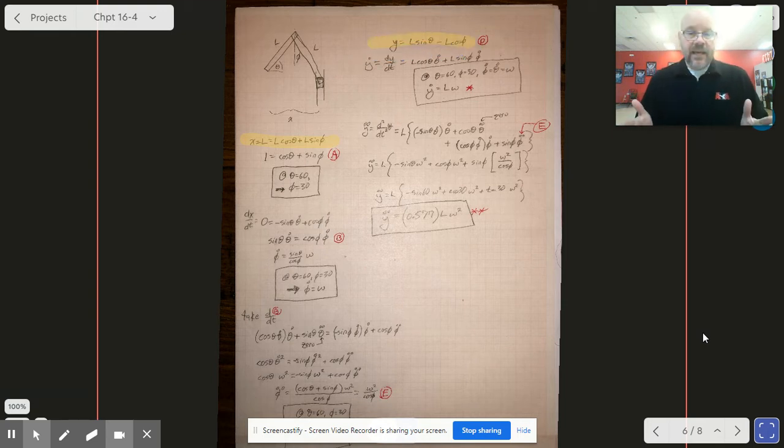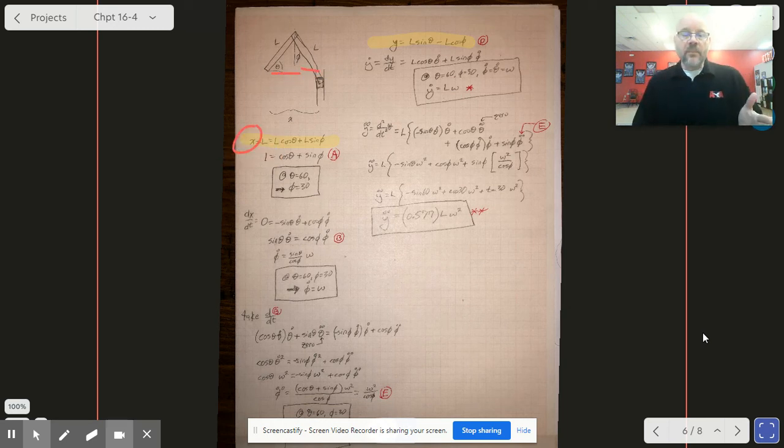So let's look at the x, okay? So it's L cosine theta, so that's coming across a certain amount, all right? And then L sine phi comes the rest of the way. So those two components together across the bottom of this thing constitute x.